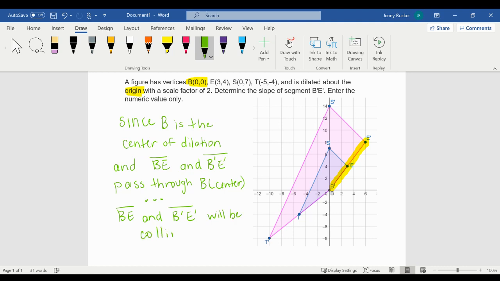They are the same line. Or we could call them coincidental.